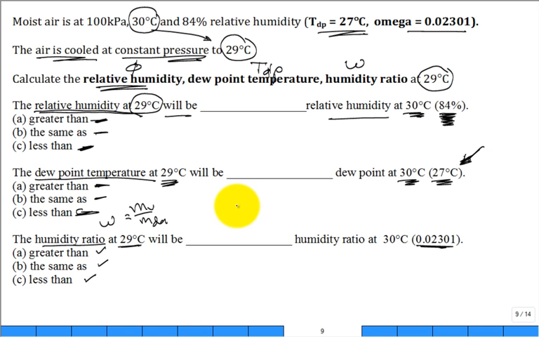How can the mass of vapor in our moist air be increased? You add water. In this room, is there anybody adding water to the air? If you're alive and you're exhaling, you're adding some water.